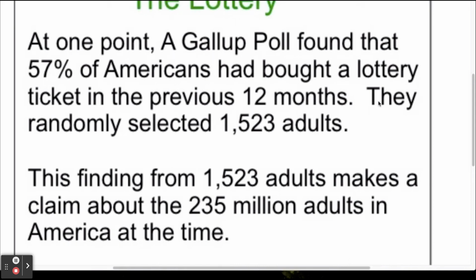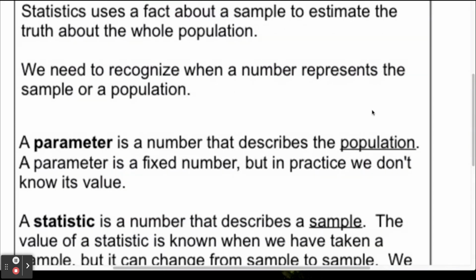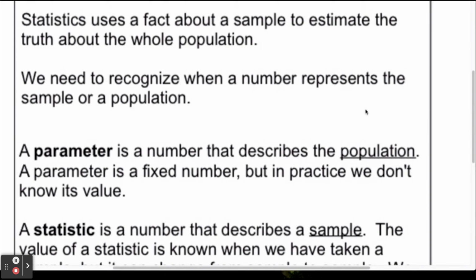So you take a sample of people and then you make assumptions about the population, or maybe estimations is a better word. That is a statistic, when we take a sample to make an estimate about the whole population. But there are certain situations when a data point is a parameter versus a statistic.